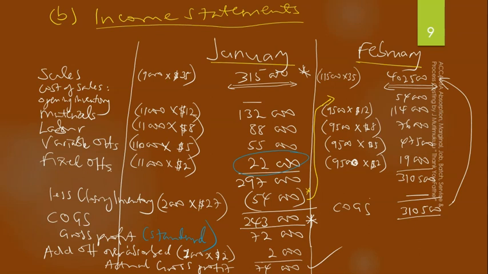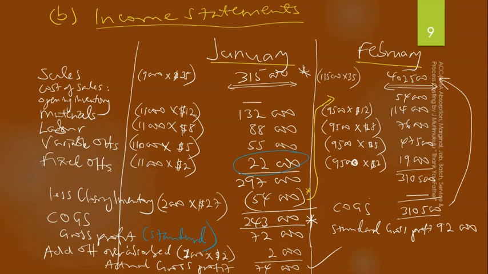So we get our standard gross profit, in the form of budgeted gross profit rather. We are left with the gross profit of how much? 402,500 minus 310,500 is 92,000. So the standard gross profit is now 92,000.